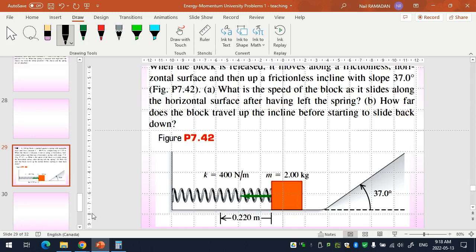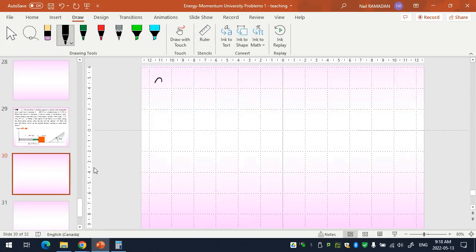So everyone, for part A, E T initial equals E T final. But my final now is not at the top of the ramp. My final now is at the ground, at the moment it leaves the spring. So technically, you can still show me EG, but you can always just call it 0.